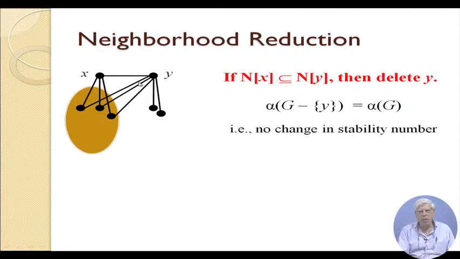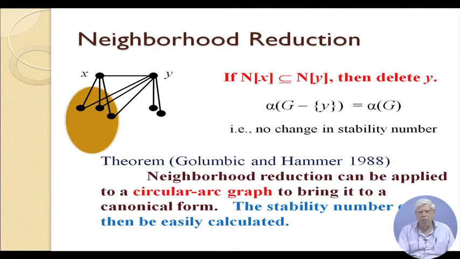Because any stable set would contain either x or y, or neither, but never both. And any stable set that contained y could be replaced by kicking y out and sticking x in. It has fewer neighbors, so you would never have any problem doing that. So one can always neighborhood reduce a graph and maintain the stability number.